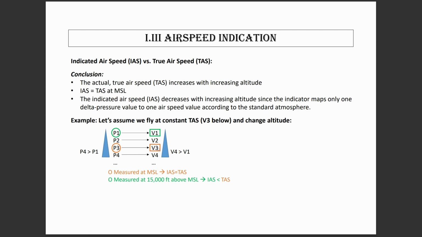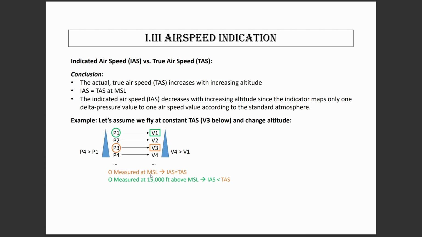And V3 being higher, for example, than V1, because we assume that the pressure values go up as we go down this line here. So if we measure at mean sea level our pressure, then our indicated airspeed is our true airspeed, because the reference or the air density that we use is the same.